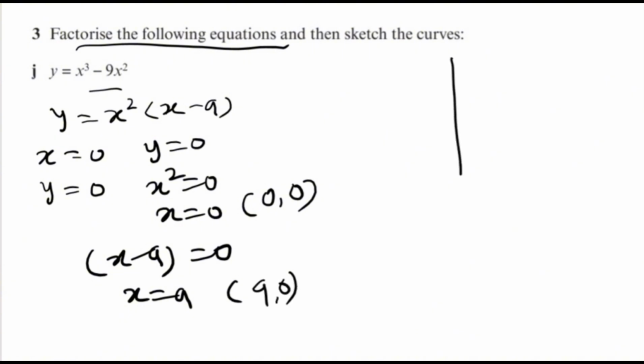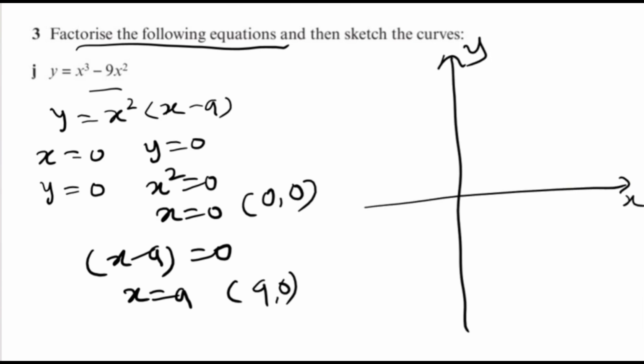Okay. Now we know how to sketch a graph. Draw x-axis and y-axis. Put the point, this is the (0, 0) point. This is (9, 0) point. So how can we draw this graph? It passes through 9, passes through 0, going like this.